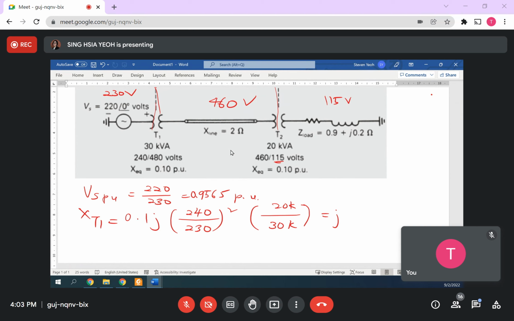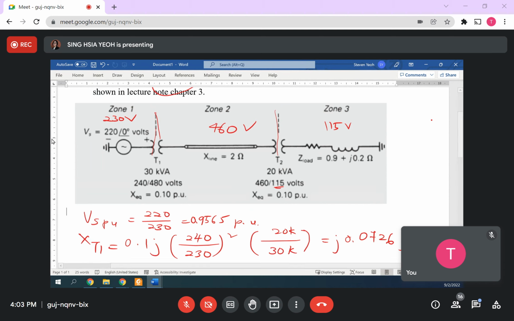So it should be 0.0726, right? J per unit. Okay. Anyone have any problem here?